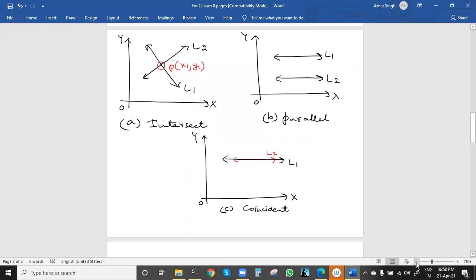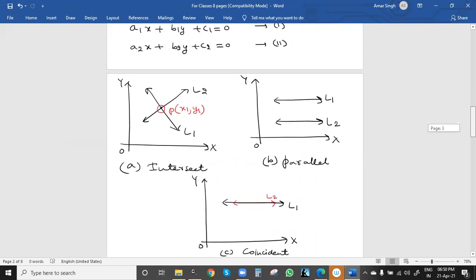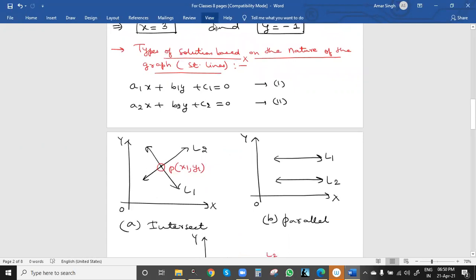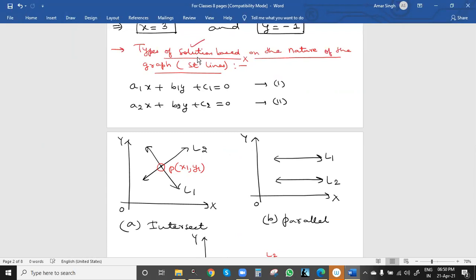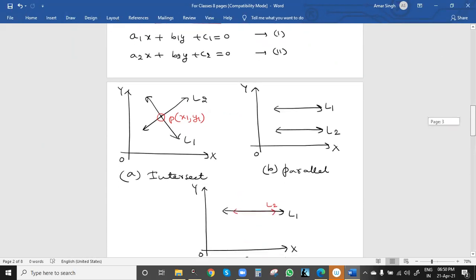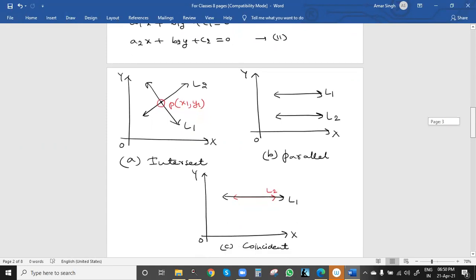So my question is, what is the nature of solution? Nature of solution basically means what type of solutions we get. Heading is types of solutions. What type of solutions do we get from the nature of the graph? We have seen the nature of straight lines only. The three main possibilities: first, they can intersect, so both lines are intersecting lines.